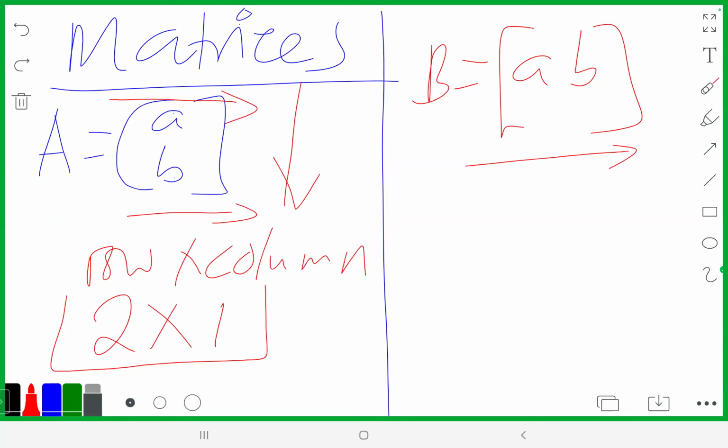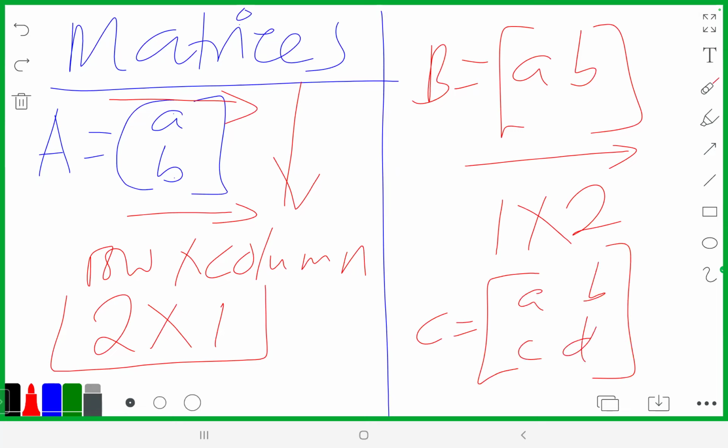Okay, we have only 1 row, and there are 2 columns. So this one is said to be a 1 by 2 matrix. We can have different matrices. Let's have this one, with entries A, B, C, and D. This one is said to be a 2 by 2 matrix, because there are 2 rows and 2 columns. Is that clear?